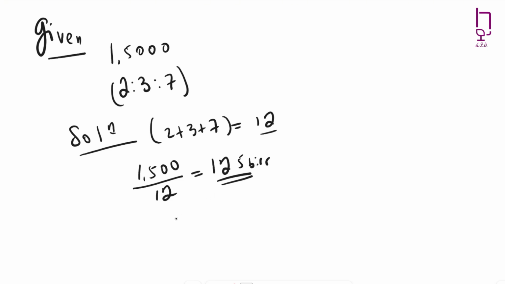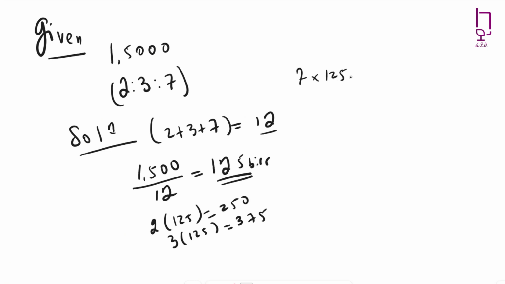So the third step will be you multiply this by their respective ratios. So you do 2 times 125, and the value will be 250 birr. Second, you do 3 times 125, and the value will be 375. And finally, you multiply 7 by 125, and the answer will be 875.